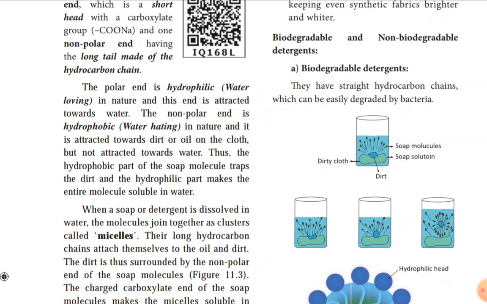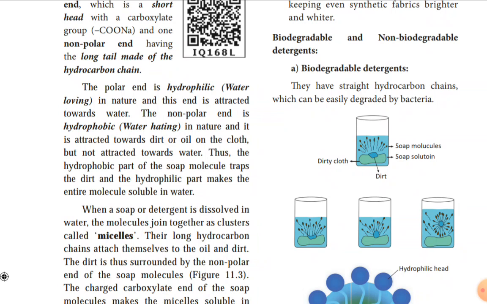Then the hydrophobic part of the soap molecule traps the dirt. So the non-polar end of the soap molecule traps, that means encloses, the dirt, catches the dirt particle, and the hydrophilic part makes the entire molecule soluble in water.